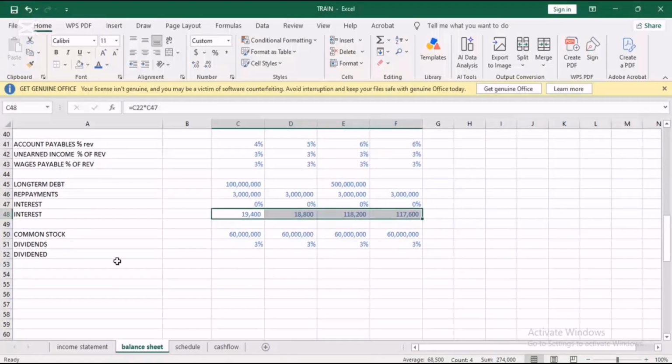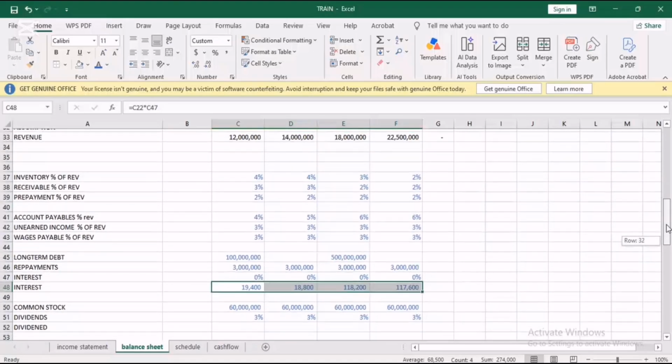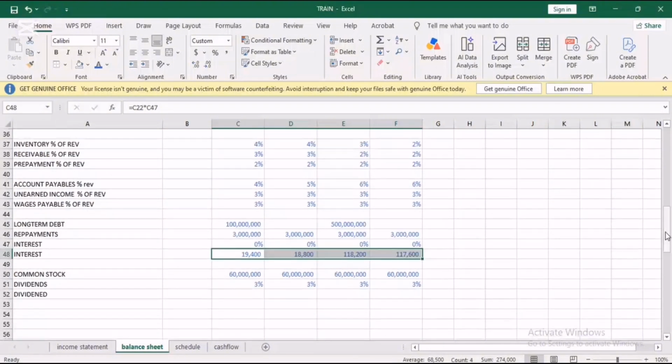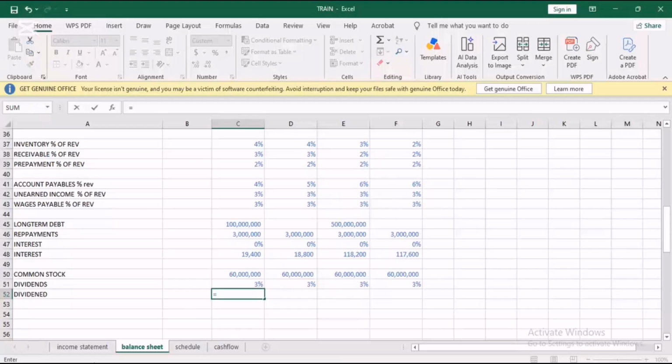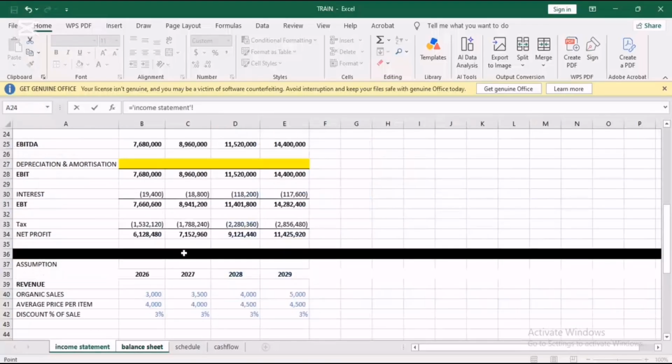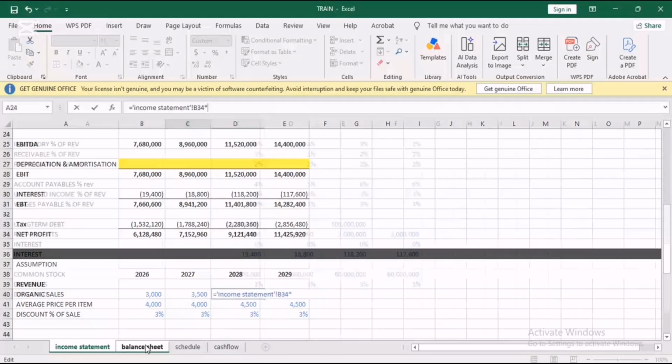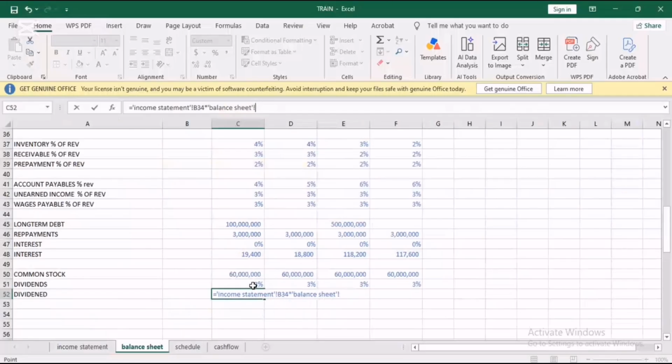So dividend is expected to be 3% of our net profit. So 3% of our net profit, how do we do that? So we hit right up here, equal to where is the net profit, and the income statement, let's select the net profit and hit multiplication sign, this, and let's take out the pop-up, then multiply by the percentage of the dividend.